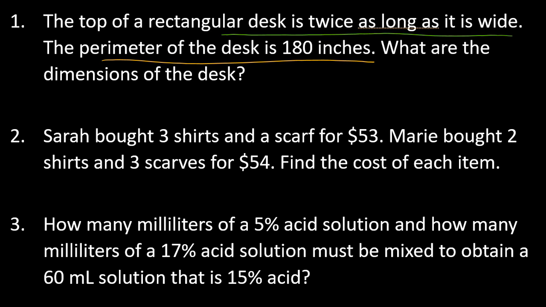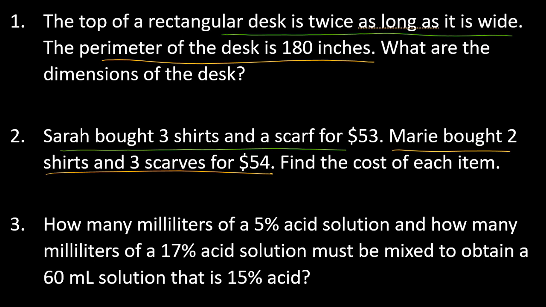Now in the next one, we have some information about Sarah, and then we have some information about Marie. So there are your 2 separate situations. Now, the third one might be a little tricky, but if you read it over, it's really talking about 2 things.